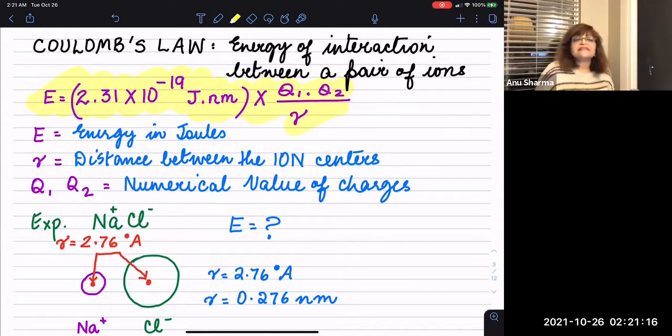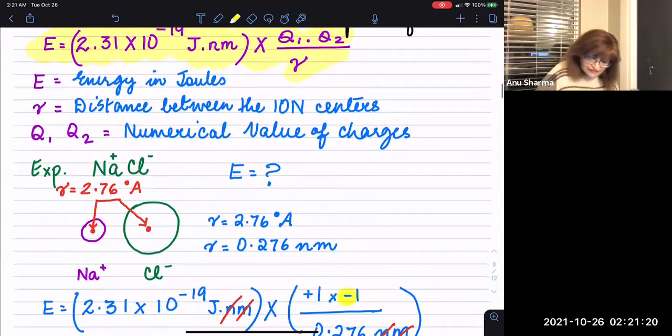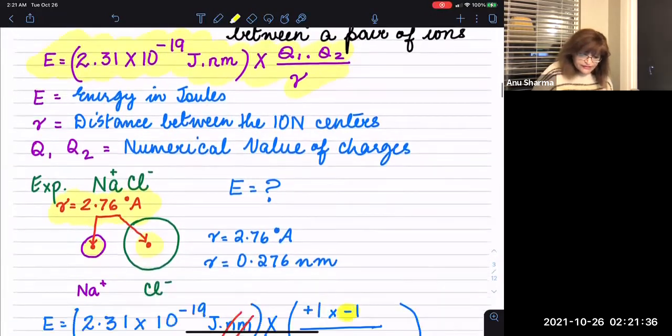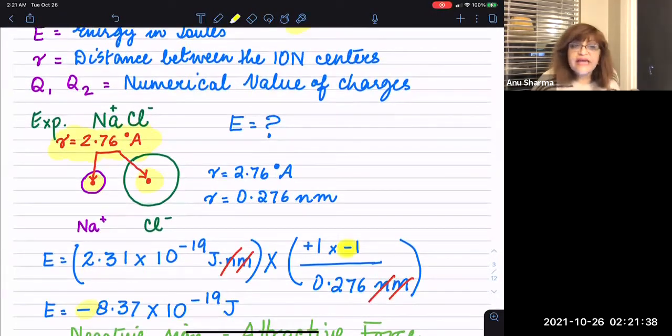Next is R. R is the distance between the ion centers. R is 2.76 for sodium. So the middle of sodium and the middle of chloride combined, that distance is 2.76. That is the internuclear distance, 2.76 angstrom.